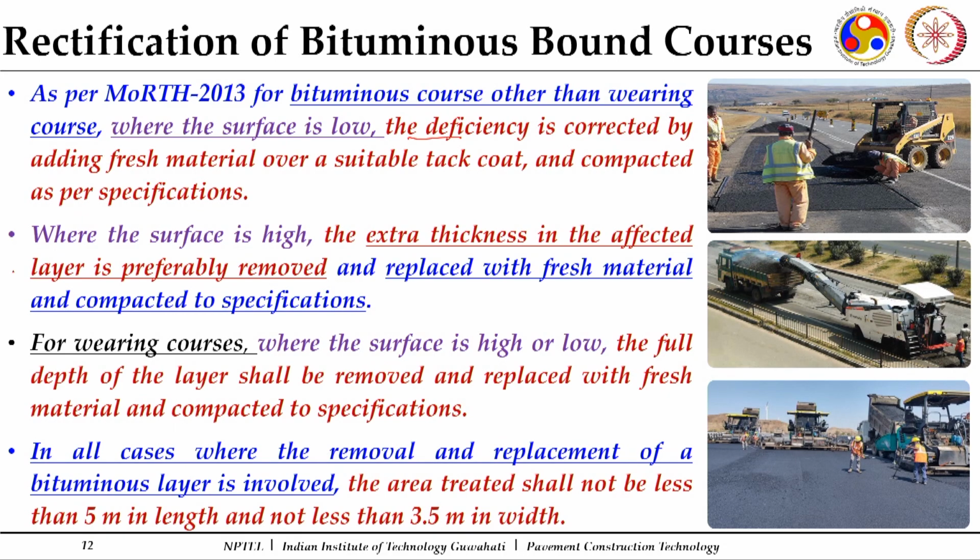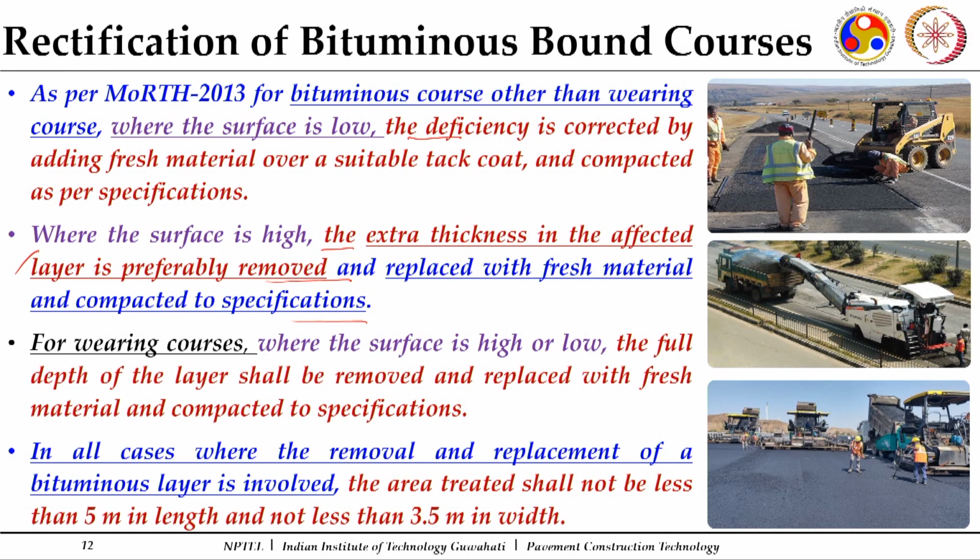But where the surface is high, specifically with base courses or binder courses, then it says the extra thickness in the affected layer is preferably removed. That becomes challenging. So, you need to have some milling machines with you so as to mill to the required thickness and replace with fresh material and compact to the required specifications, because it may not be possible to do up to the correct depth.